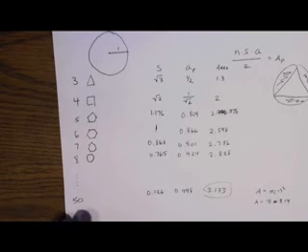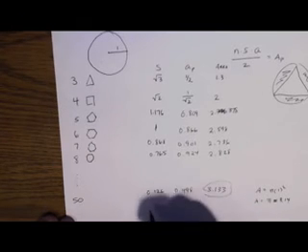What about the perimeter? Well, the perimeter is just going to be the number of sides times the side length. We're just going to do that for the 50-sided object.